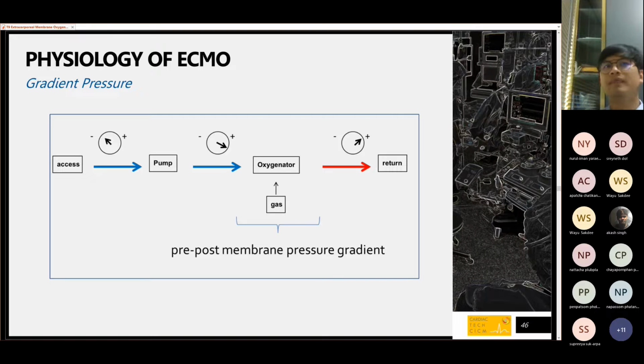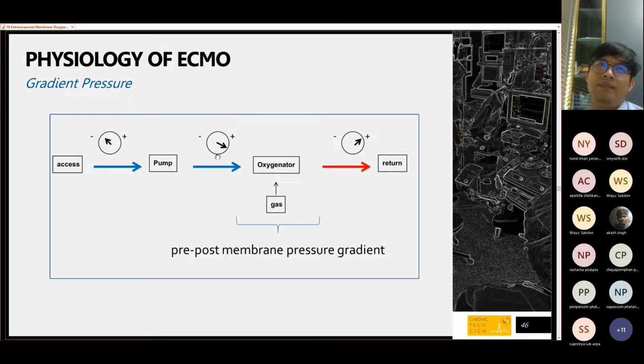So the gradient is going to change because the pump needs much higher pressure to drive the blood through this circuit.